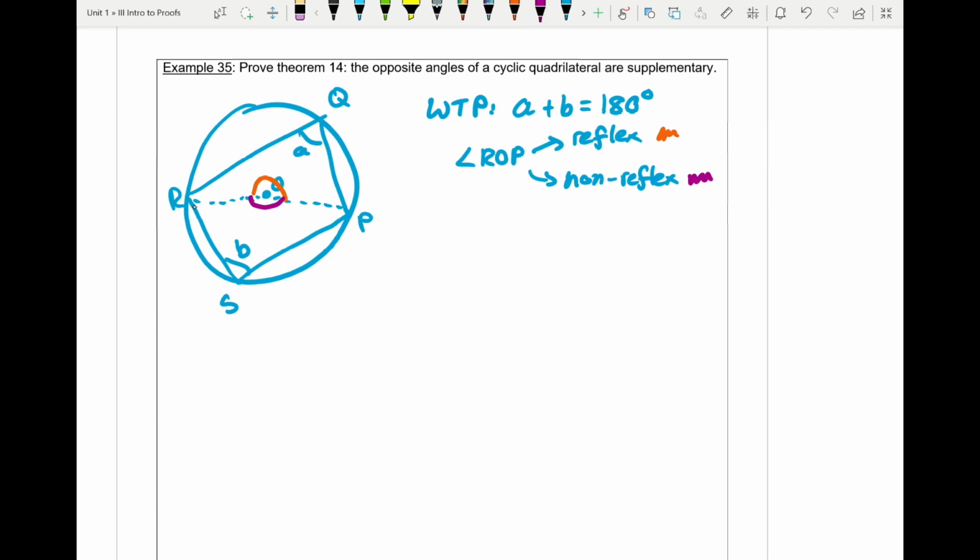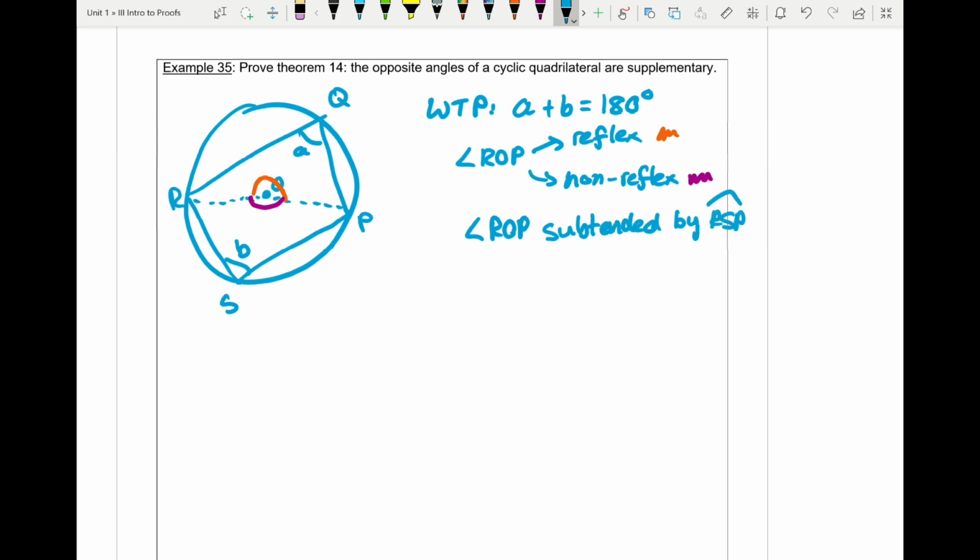Because they're also going up to these 2 other points, we can use the fact that they're subtended by the same arc. So we get the following properties. Angle ROP is subtended by RSP, so that's our arc.